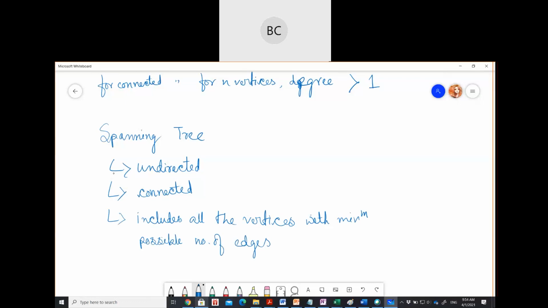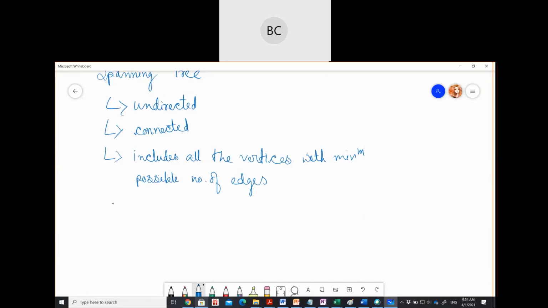Okay, so then there is one equation also. For n vertices, the number of spanning trees you can create is n power n minus 2.